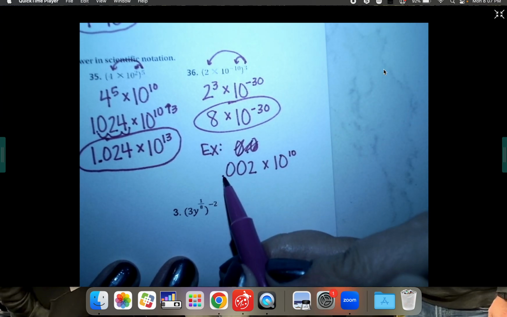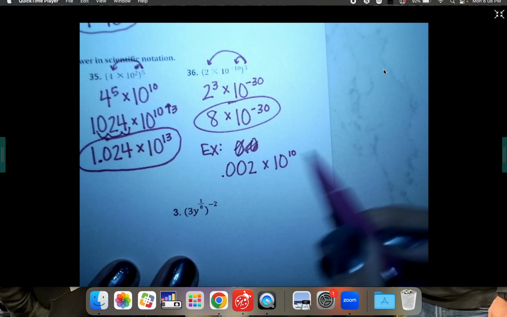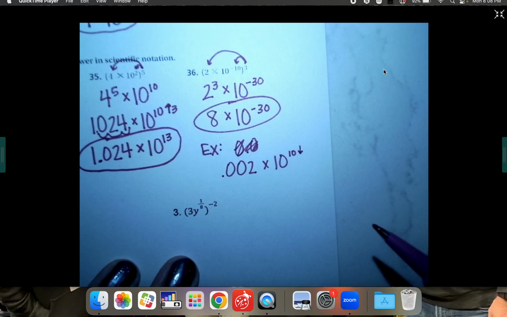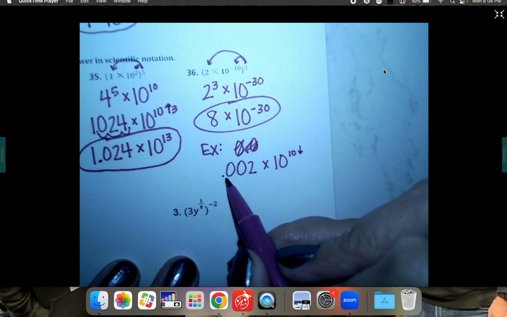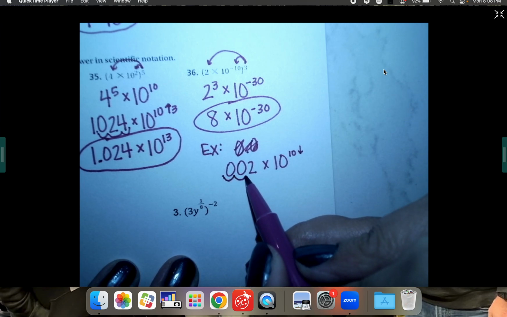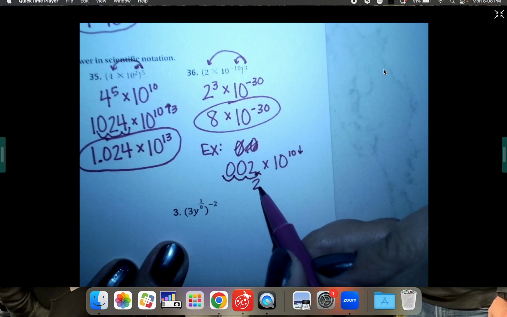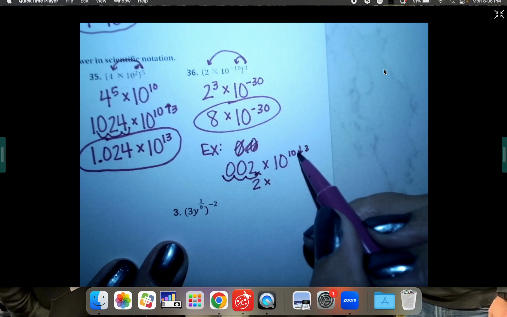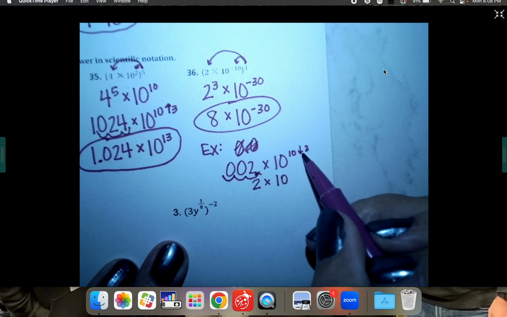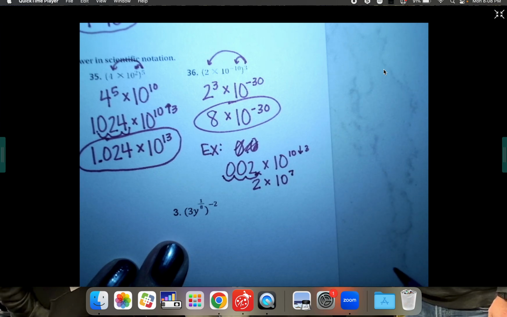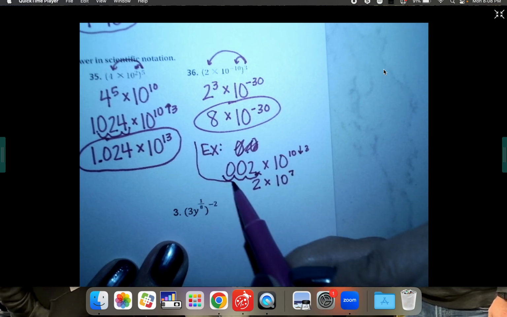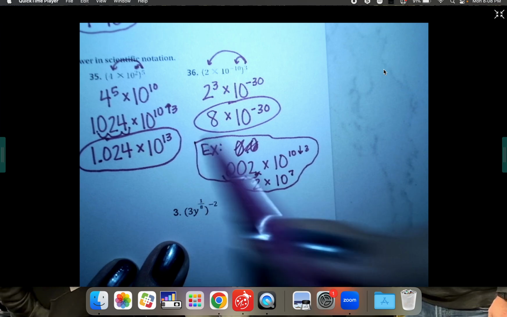So if you're needing to make the number bigger, you're going to have to make your exponent that many times smaller. So if I needed to move it to the right 1, 2, 3 places to make it 2, you would need to move this number down 3, so it would be to the 7th. So I hope this extra example, because of your Math Excel, makes sense.